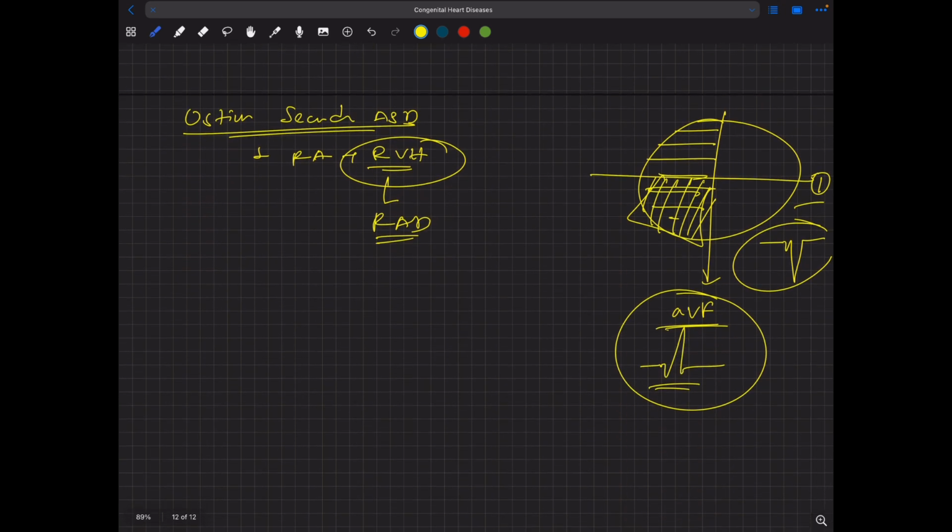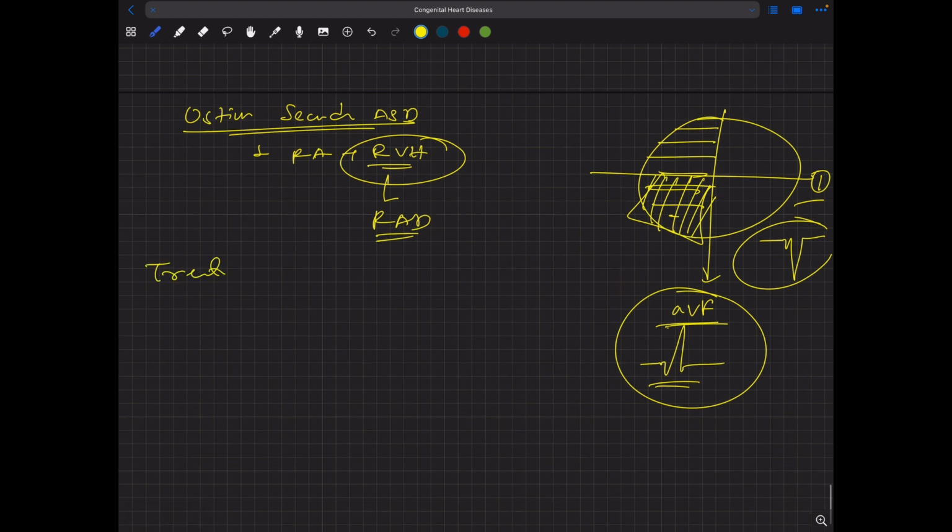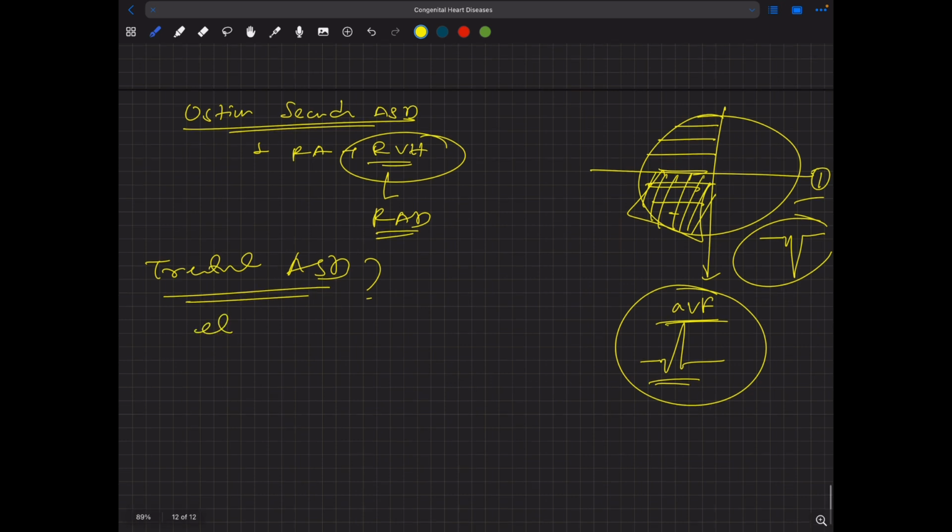So what is the treatment in case of ASD? What is the indication for treatment? We have elective surgical closure and early surgical closure.